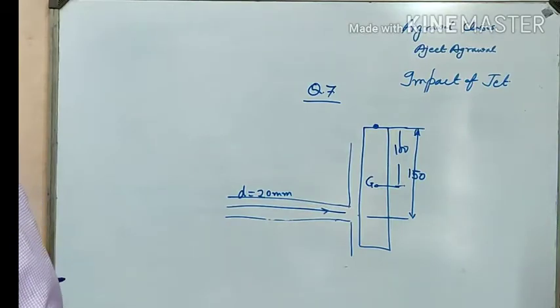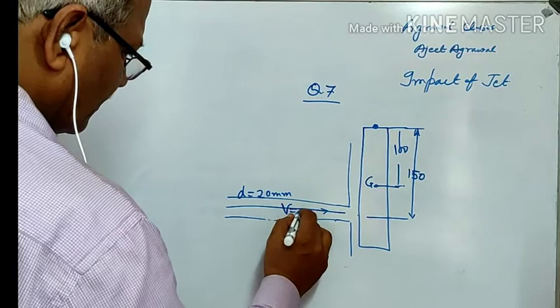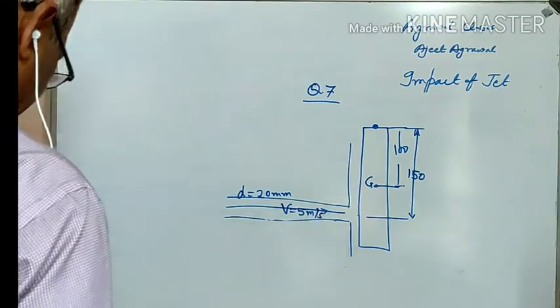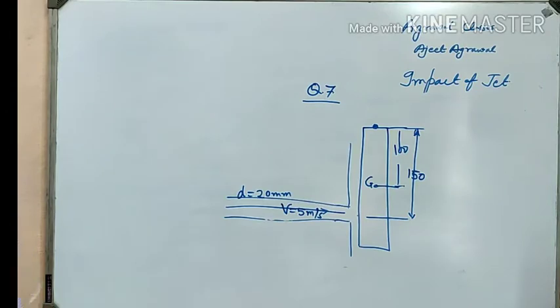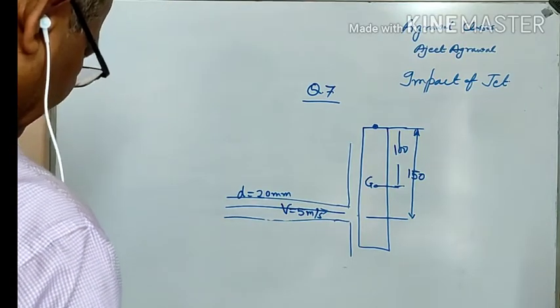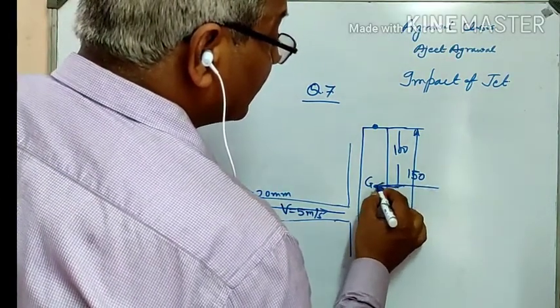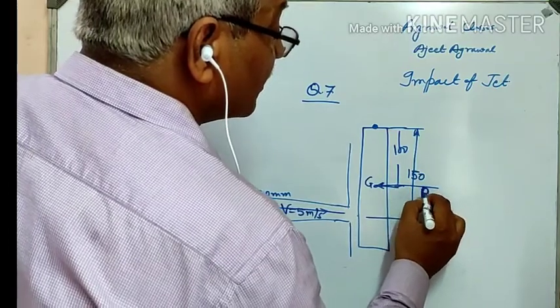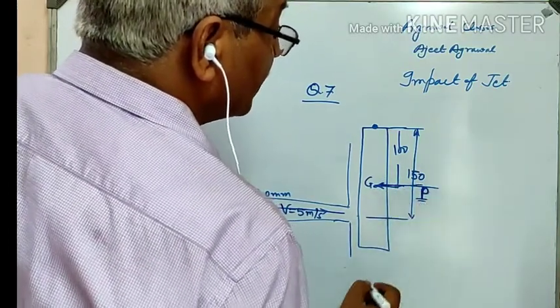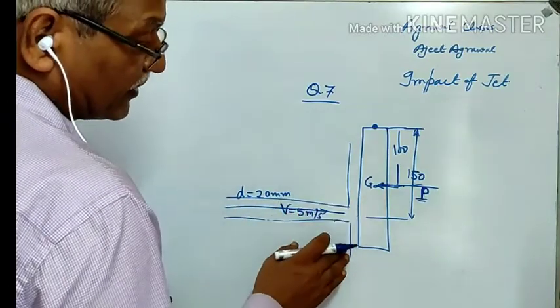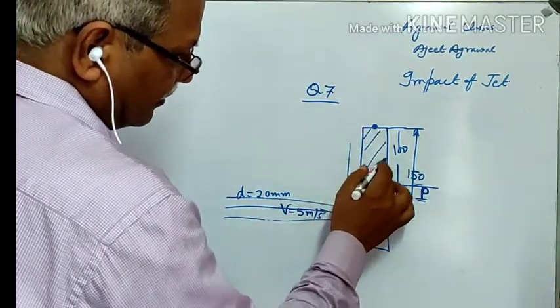The velocity of the jet is equal to 5 meter per second, and you have to find out the horizontal force applied at the center of gravity to maintain the plate in the vertical direction. That means here we are going to apply a certain force P. We have to find out the value of P, so that because of this impact of the jet, the plate will remain vertical.